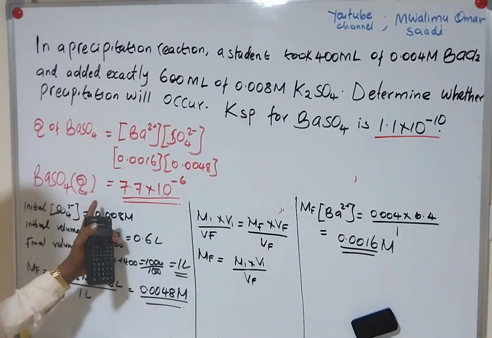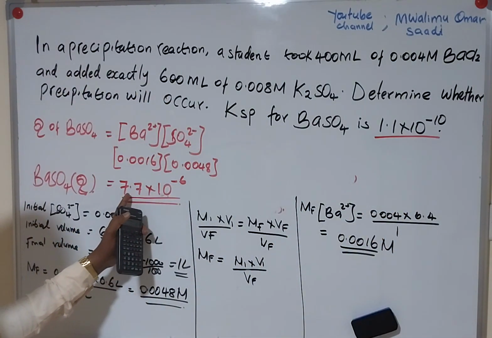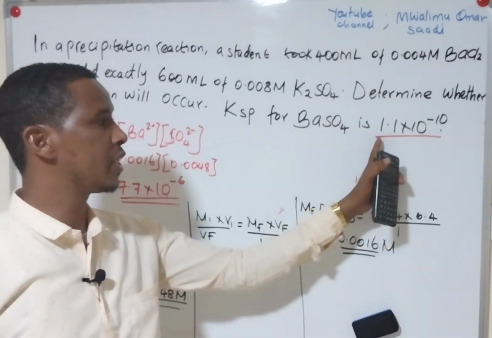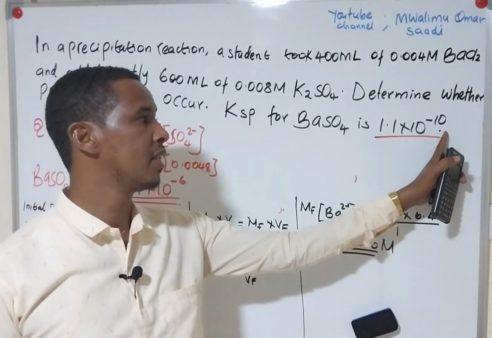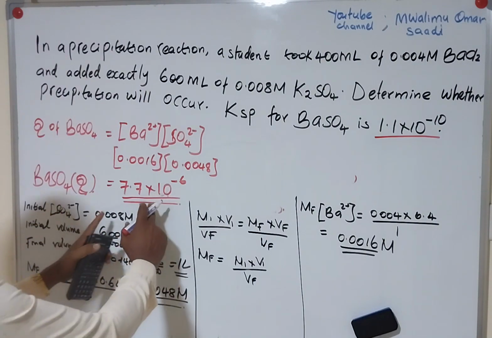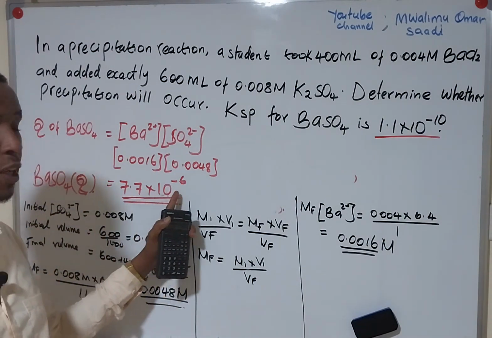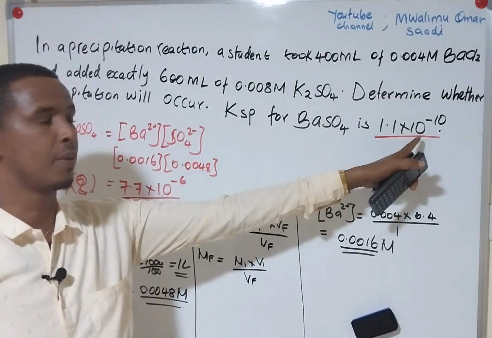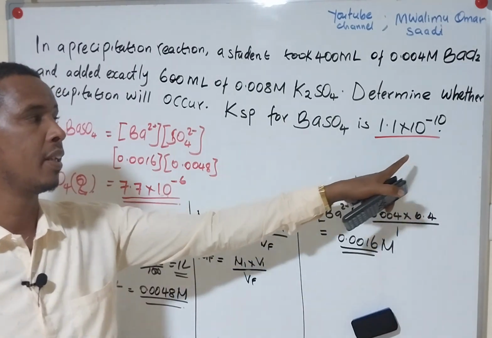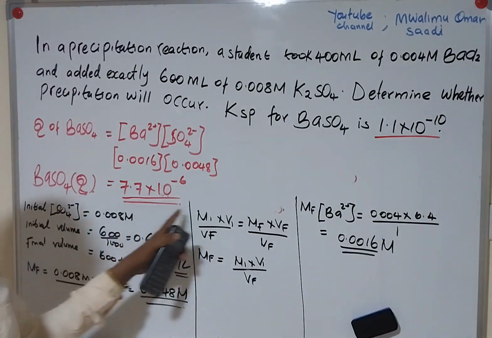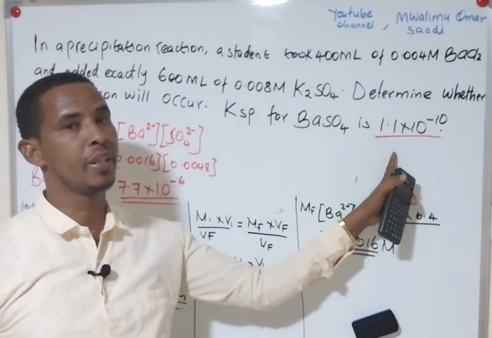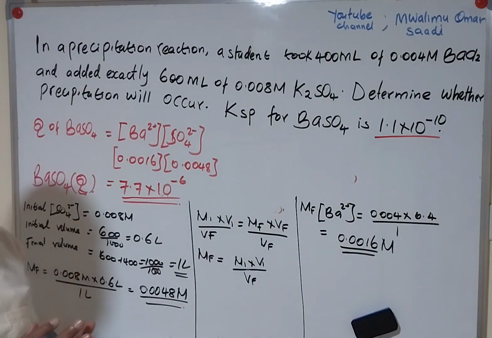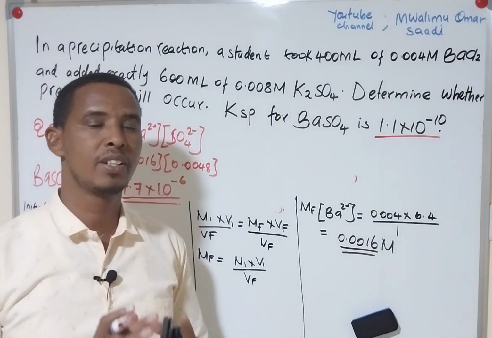Our ionic product is 7.7 times 10 to the negative 6, and the KSP is 1.1 times 10 power negative 10, so the ionic product is greater than the KSP, and therefore there is precipitation taking place in this reaction.